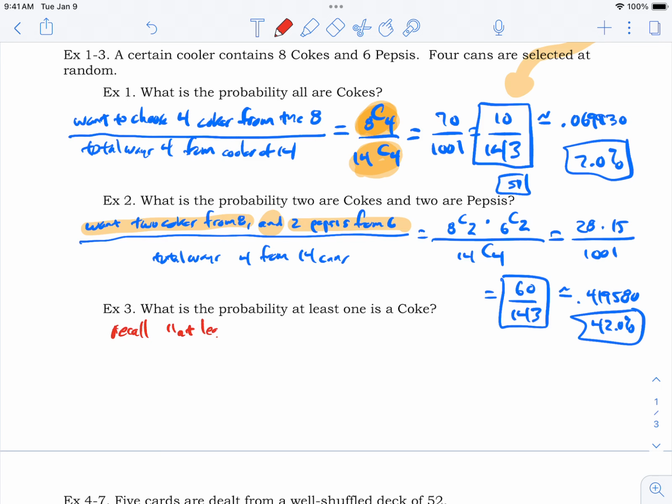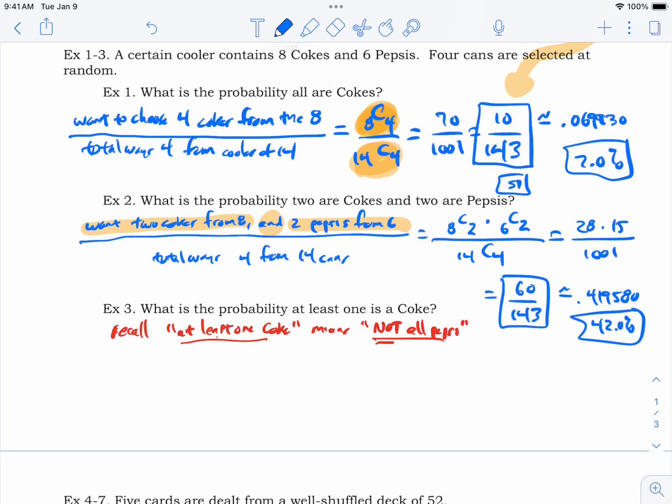So at least 1 Coke means not all Pepsi. And all Pepsi should be an easier thing to calculate. And then all we have to do is go 1 minus that, right? So at least 1 Coke is the complement of, in other words, not all Pepsis.